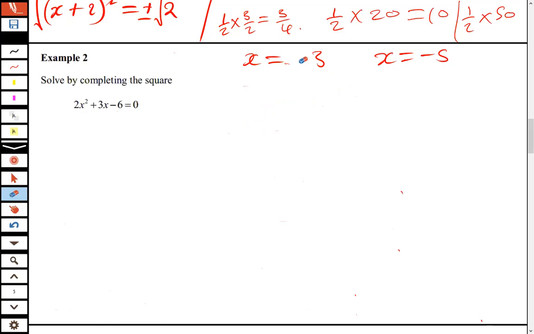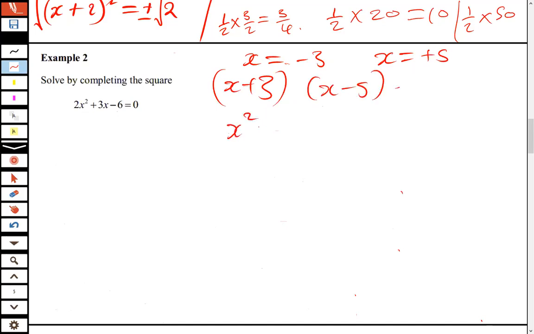I'll put this one positive and then this one negative. Rather, this one positive and then that one negative. Okay, so I'm going to have x plus 3, then I'm going to have x minus 5.